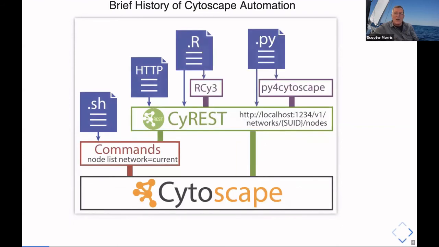So there was an implementation in R called RCy3, which took advantage of CyREST and provided a much higher level library that allows you to use both commands and REST to perform automated functions and utilize Cytoscape. More recently, py4cytoscape is the Python equivalent of RCy3. They have very, very similar functionality, and a lot of effort goes on in the two teams to make sure that they are in sync.